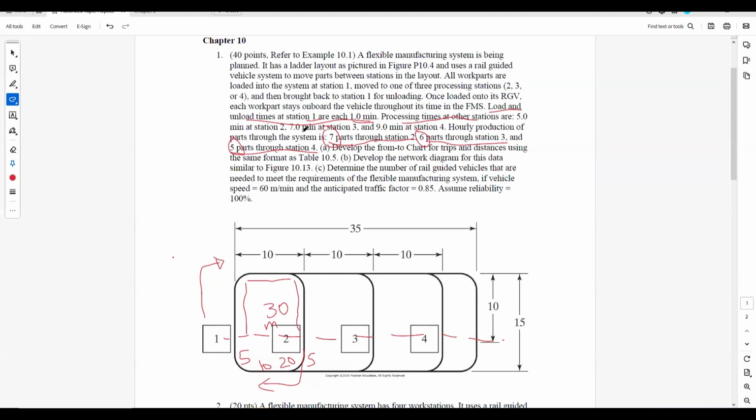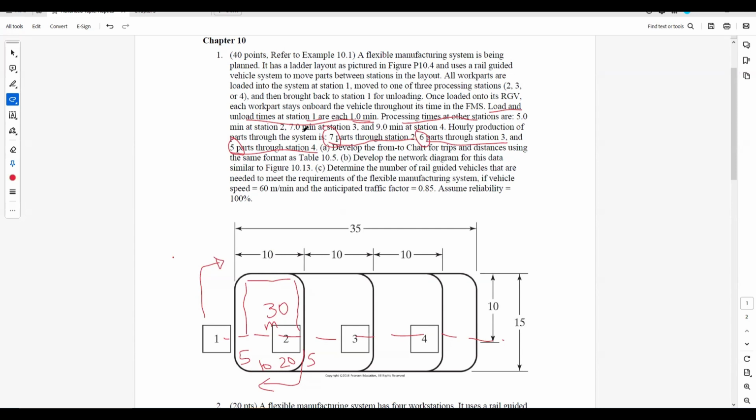So the total processing time is, at station 2, for all 7 parts, 7 times 5 minutes. Okay, it takes 35 minutes in total for 7 parts. Similarly, for station 3, it takes 7 times 6, and here it takes 9 times 5.